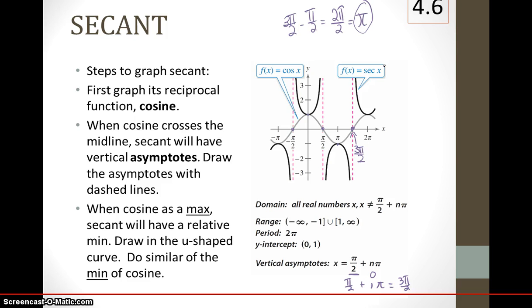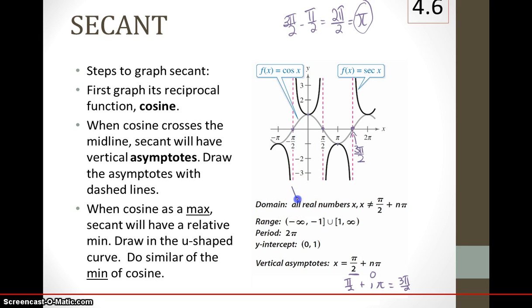Let's look at the domain. Since we know what our vertical asymptotes are, remember that our domain does not include the vertical asymptote, so it's just the U-shapes that we need to account for. The easiest way to do that is to say the graph is everything but the vertical asymptotes. Here's some notation.